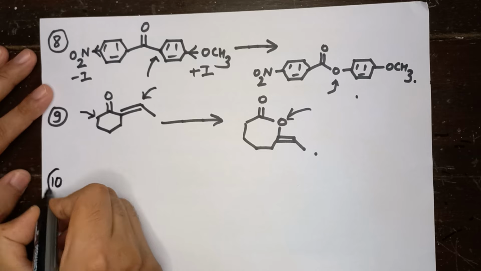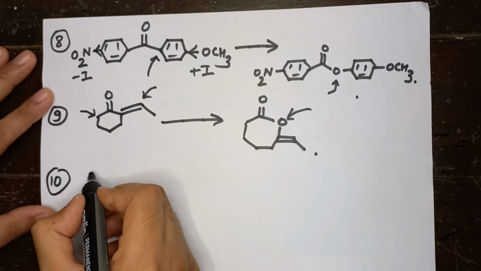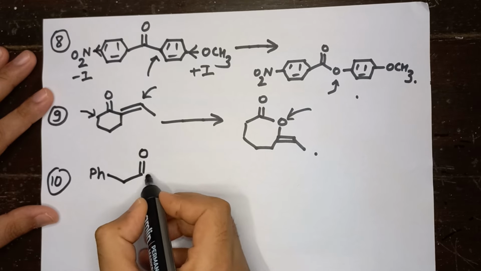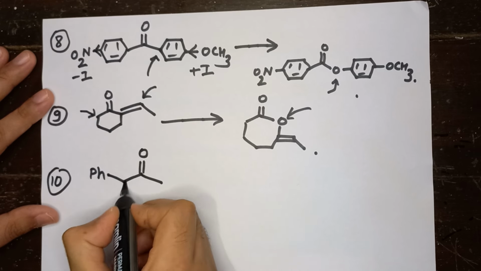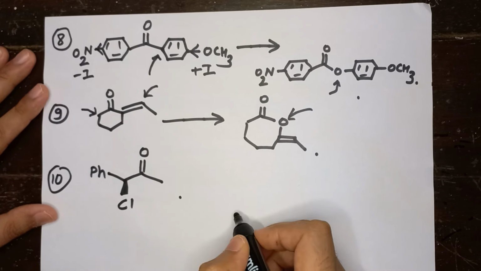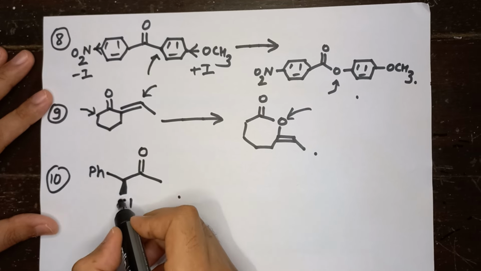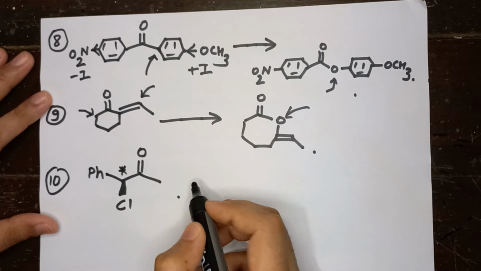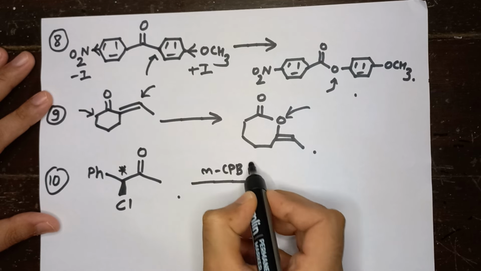Okay, one more example. Let's say I have this particular starting material, okay, where this center is a chiral center where chlorine is present above the plane, and I'm doing m-CPBA mediated Baeyer Villiger oxidation.